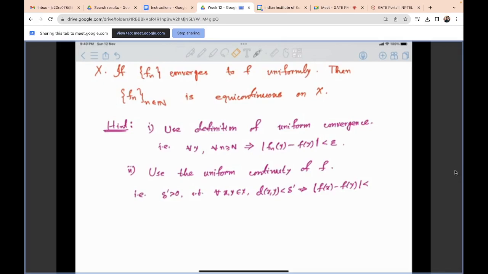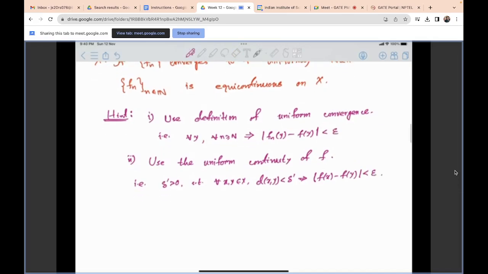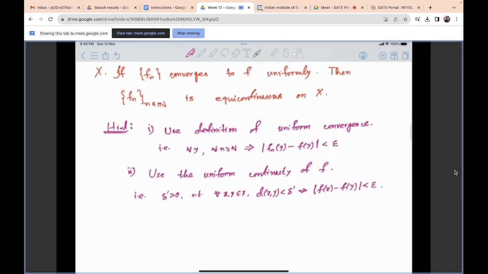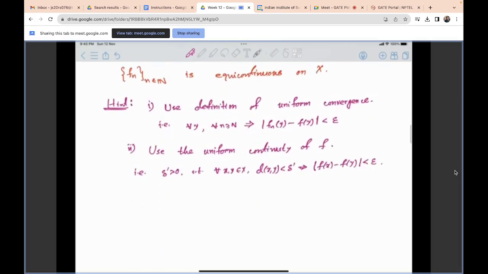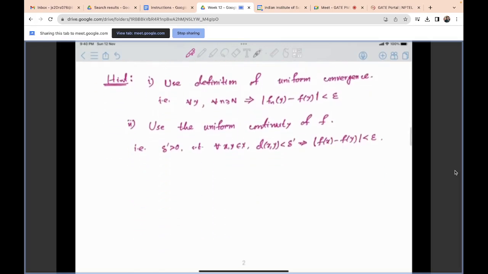Let me call this the epsilon by 3 technique. So use these two hints.